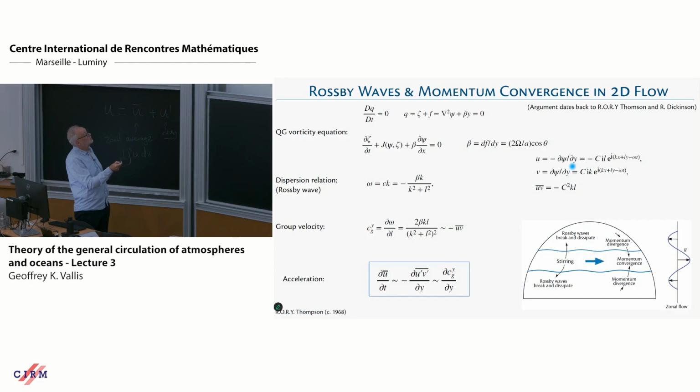U is d psi dy, V is, oops, there's a typo here. V is d psi dx. So we introduce a stream function to describe the flow. Okay, and then we'll linearize this equation.